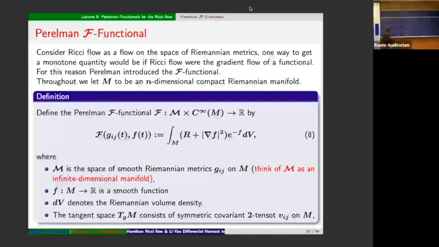Okay, so in the case of Ricci flow, if we can establish this as well, if we can show that Ricci flow is a gradient flow of an energy functional, then we can see it must converge to certain stationary points, when it's equal to 0.